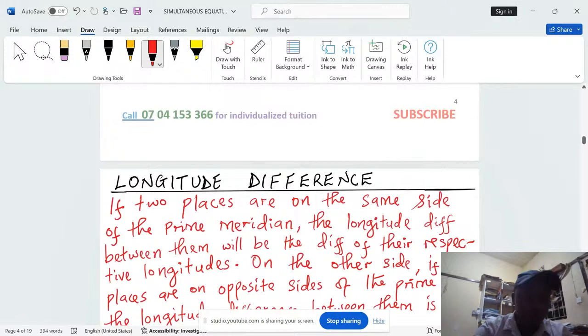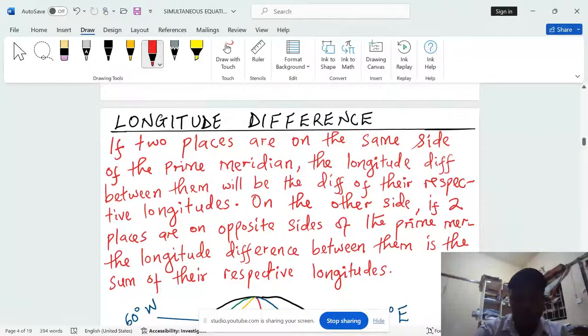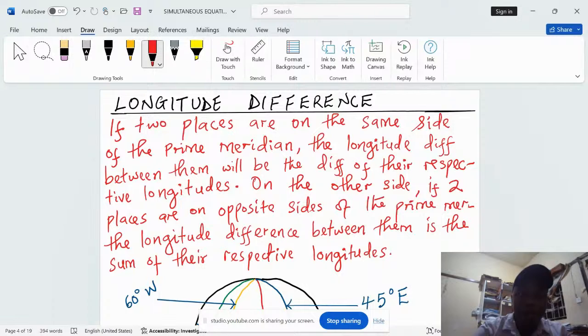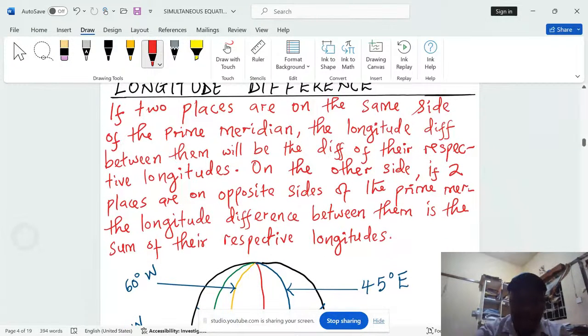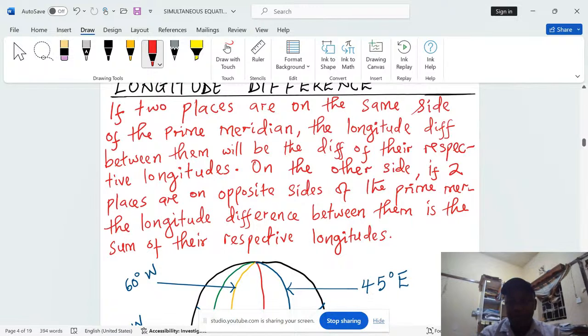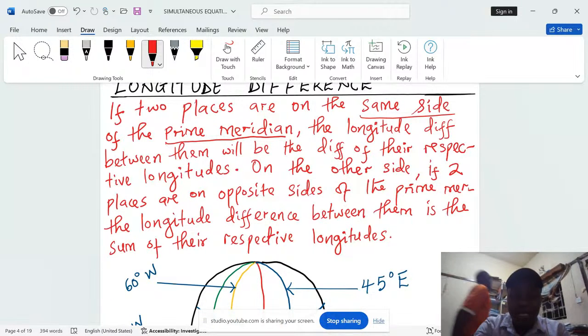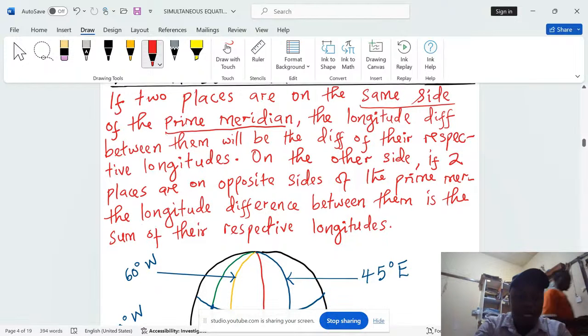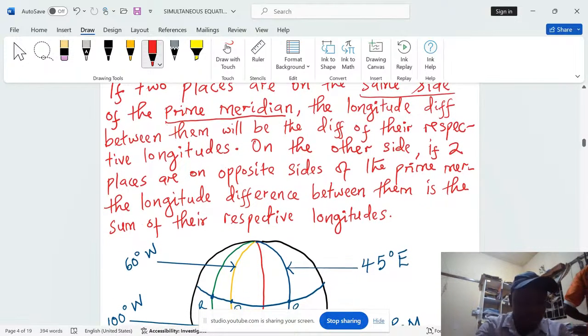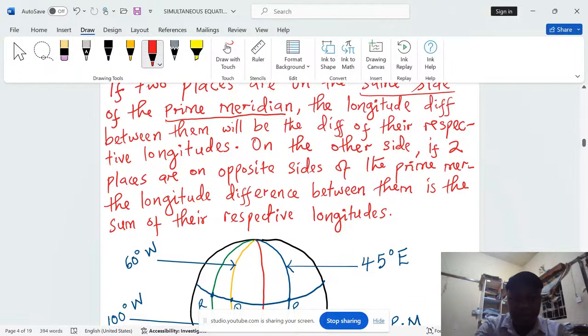There is what we call longitude differences. When places are on different longitudes, we talk about longitude differences. If places are on the same side of the prime meridian, then the longitude difference will be the subtraction of the respective longitudes.